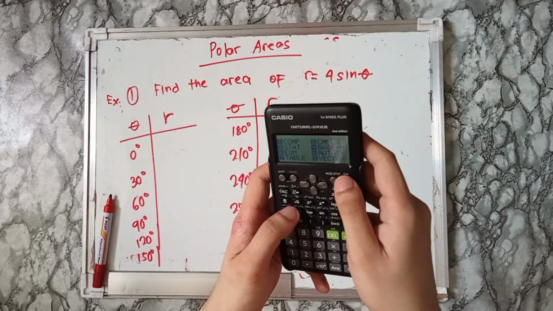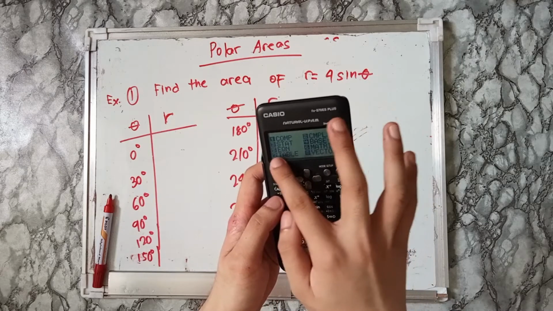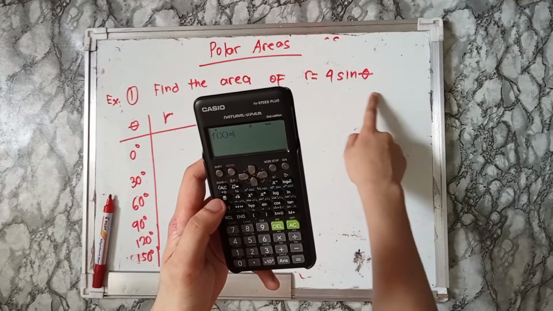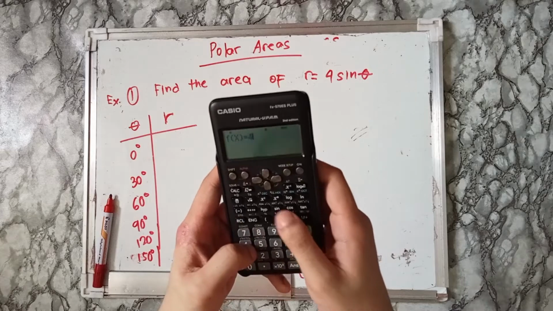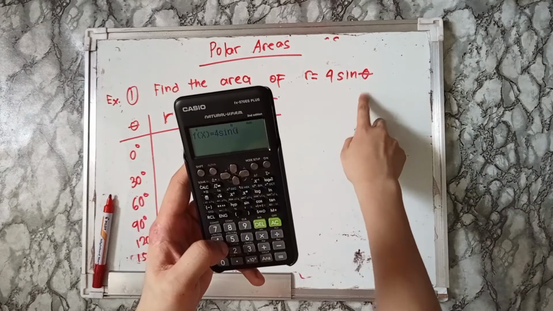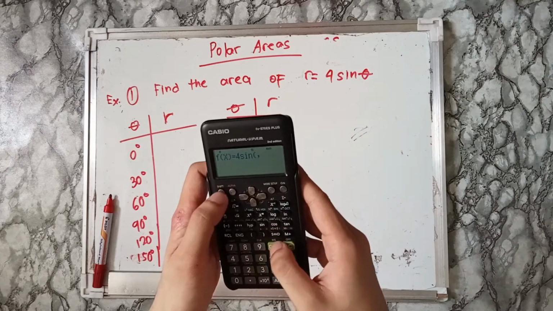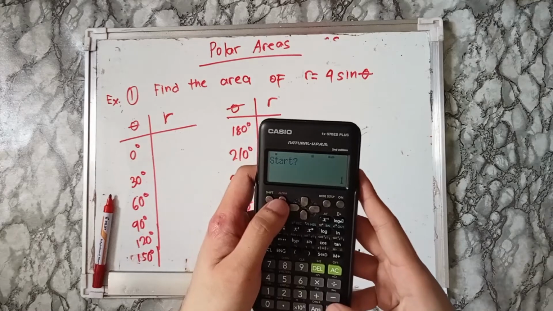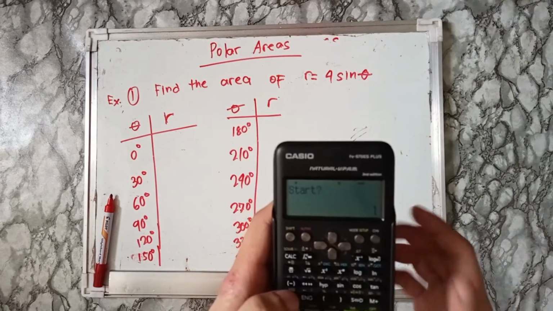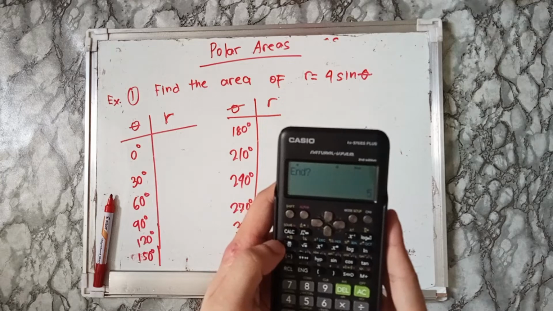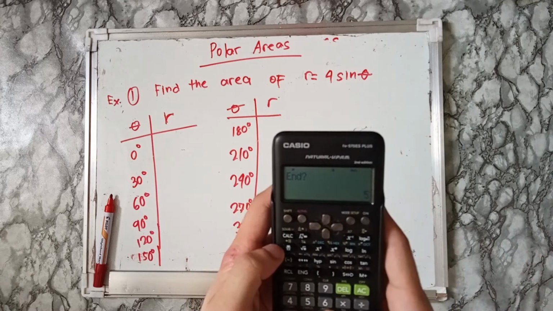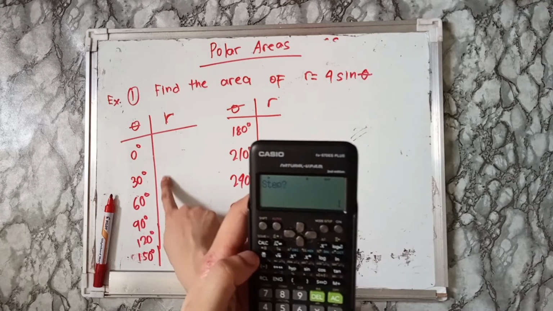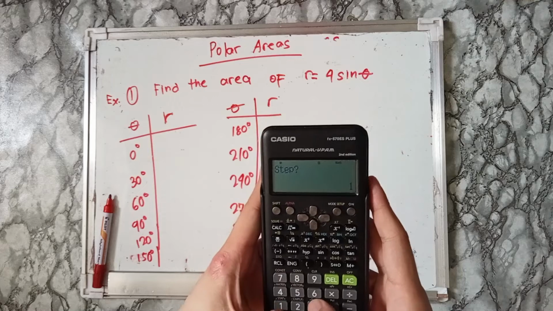Then let's choose table, 7, and then our function is 4 sine. Instead of theta, let's put x. Our starting point is 0, and our end is 360, and we skip by 30.